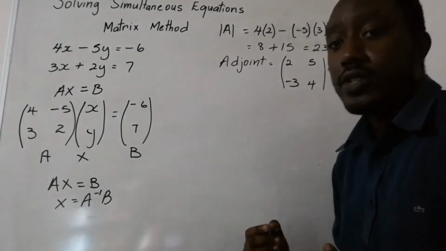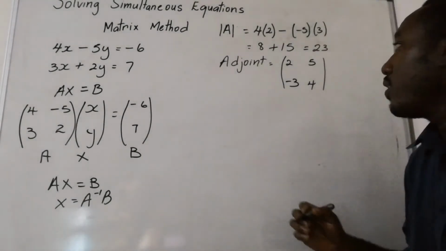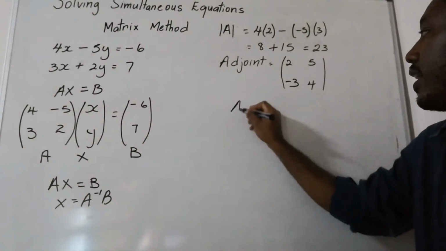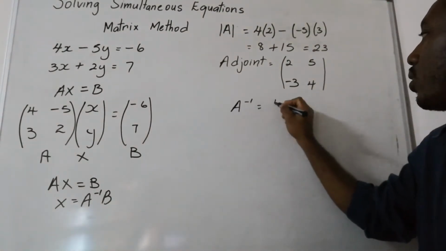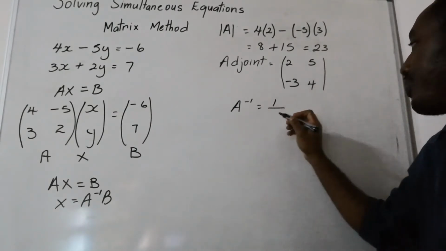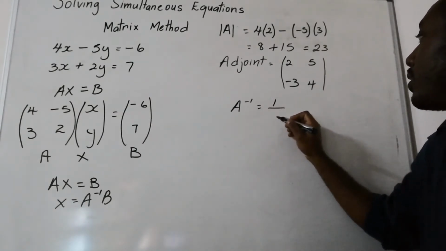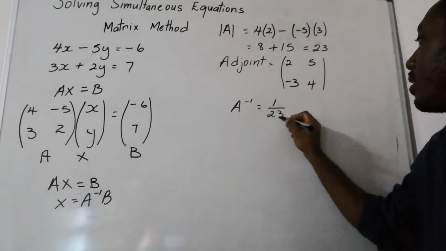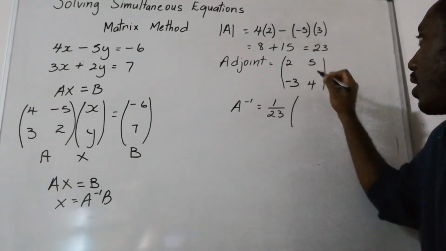The inverse is found by multiplying: A inverse is equal to 1 over our determinant times our adjoint.